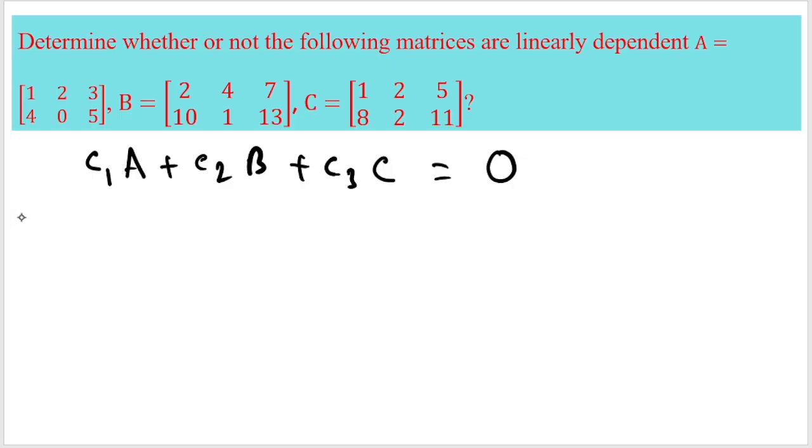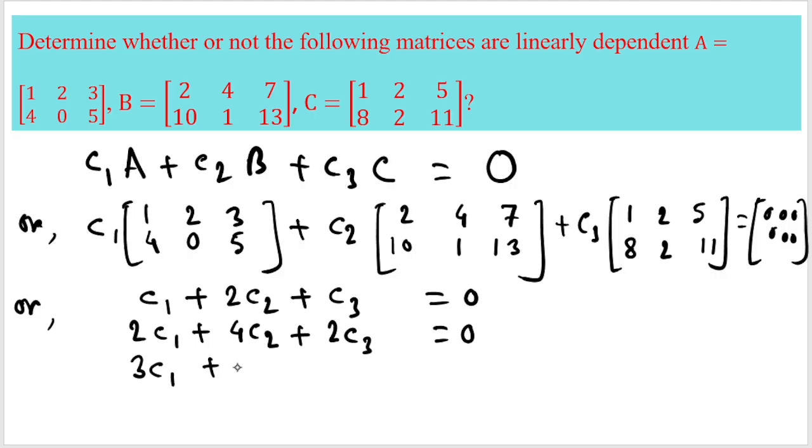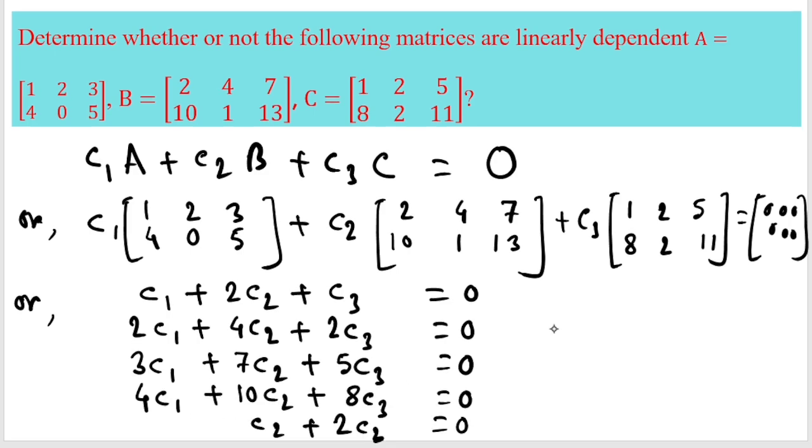Now develop the equations. Now we have 6 homogeneous linear equations in terms of C1, C2 and C3. We'll solve this system and get the values of C1, C2, C3.